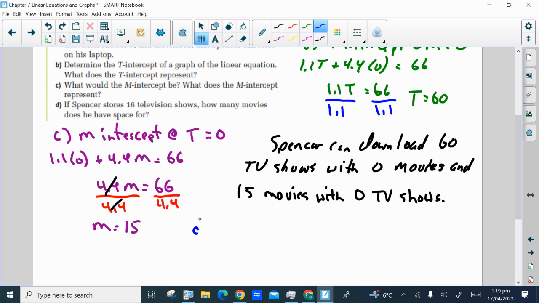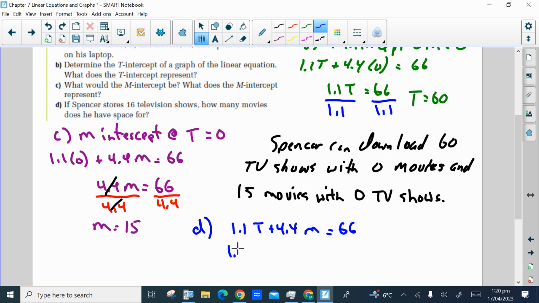Part D says that he has 16 TV shows. So how many movies does he have space for? If we use our formula again, which is 1.1t plus 4.4m equals 66. And remember, t is the number of TV shows, m is the number of movies.